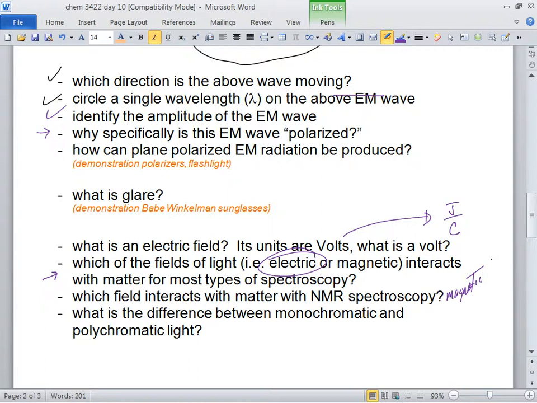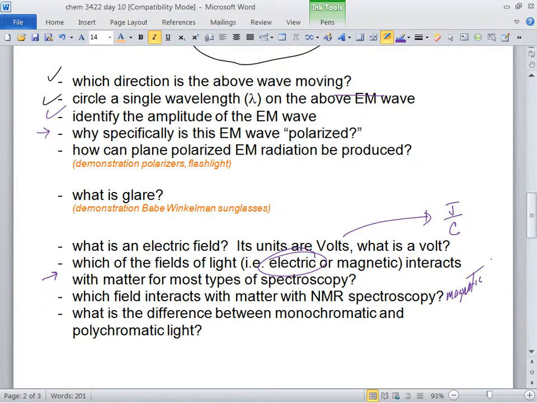What is the difference between monochromatic and polychromatic light? What do you think, Mel? Flashlight. Mono or polychromatic? I'll give you a hint. Oh, how do I get this to work? I'm trying to get all the colors, right?